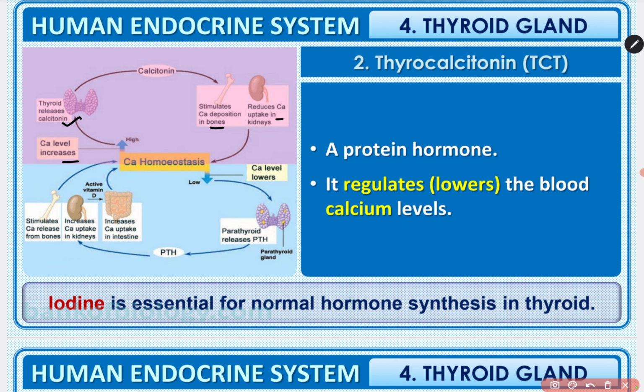And when the calcium level goes low, the parathyroid releases PTH, parathyroid hormone, and PTH stimulates calcium release from the bones, increases calcium uptake in the kidney, and increases calcium uptake in the intestine. Then again it is high, so it is one continuous cycle.